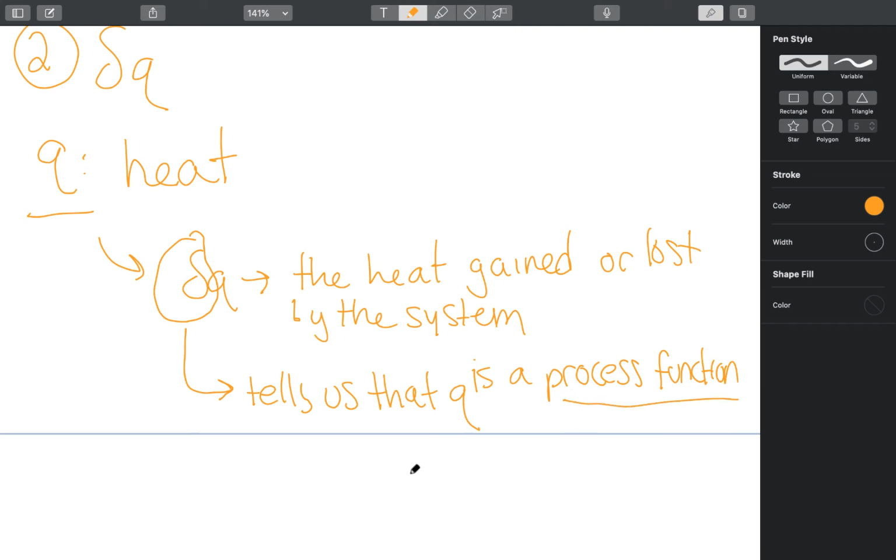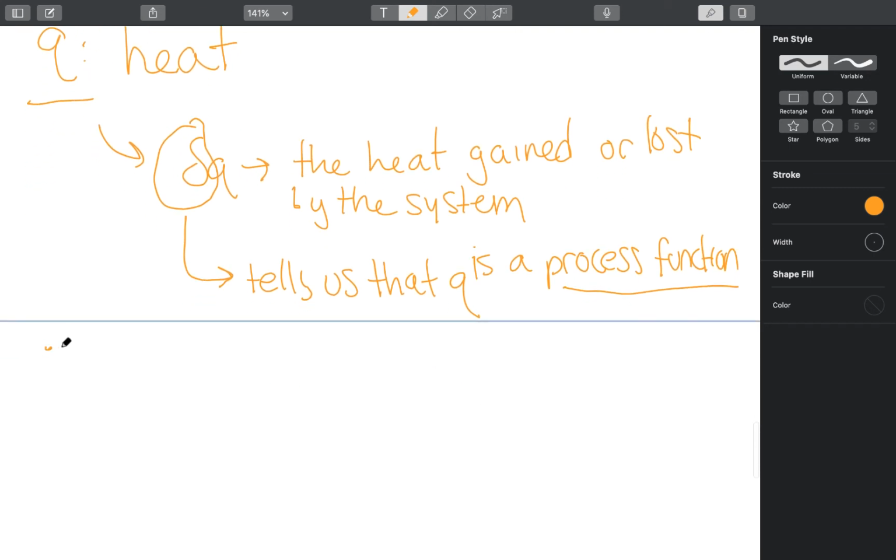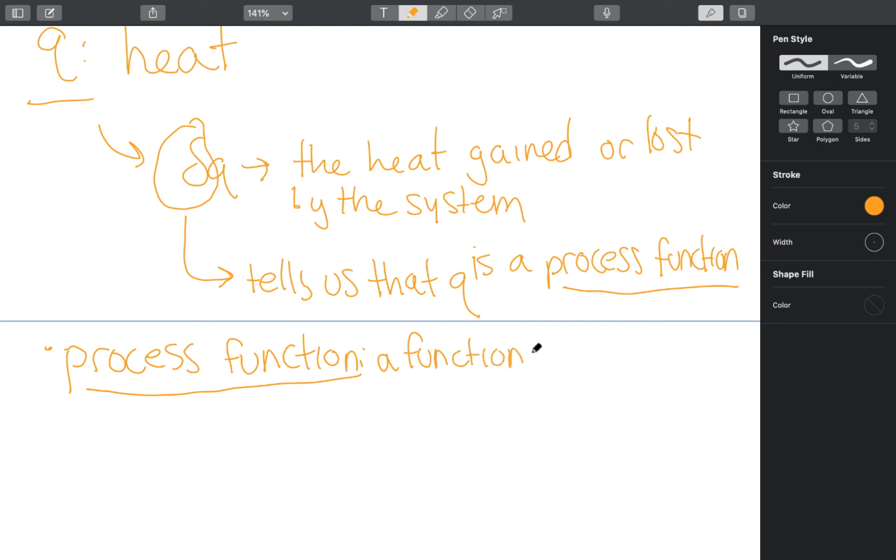So what is a process function? A process function is a function that is path dependent.